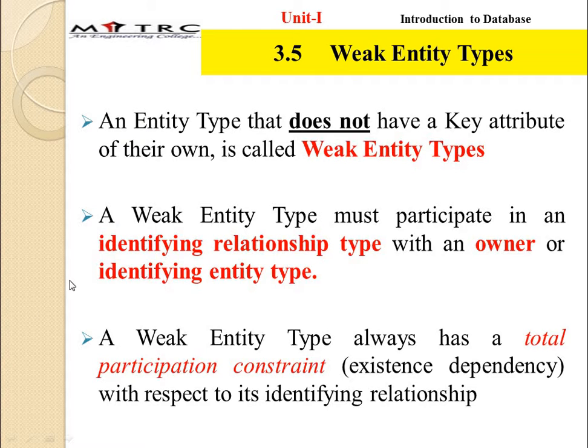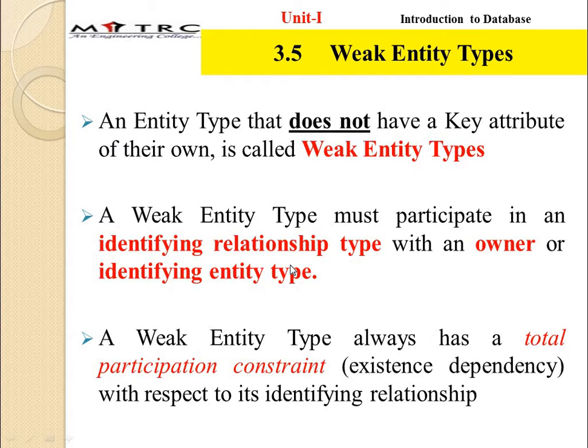The second important point to note about the weak entity is that a weak entity type must participate in an identifying relationship type with an owner or identifying entity type. That means the weak entity type is used in the identifying relationship, where it acts with an owner or the identifying entity type.